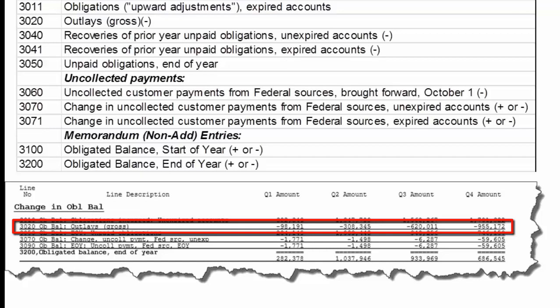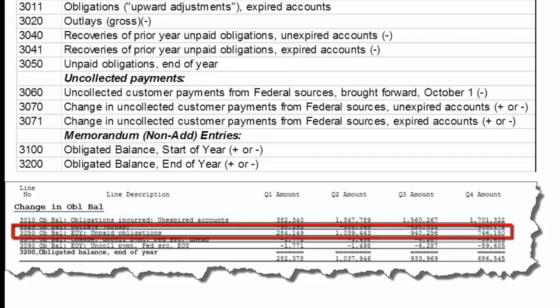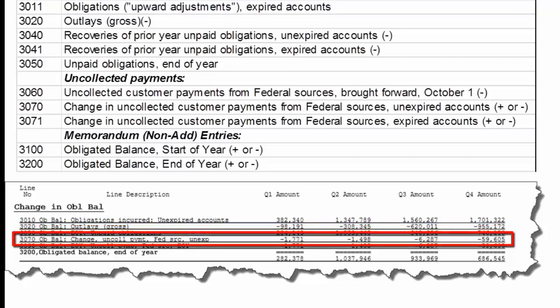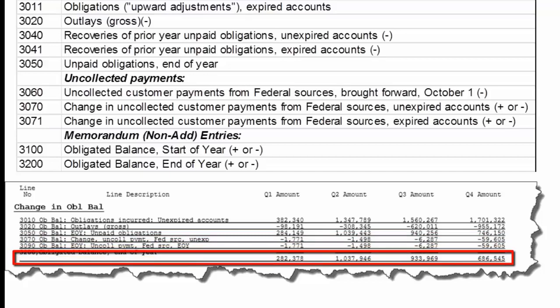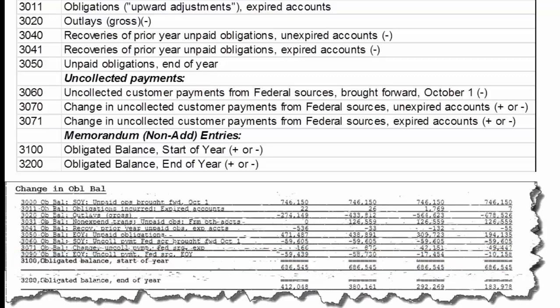This leaves unpaid obligations of $746.1 million. But $59.6 million in receivables still hadn't been collected. Taking this resource into account leaves an unpaid balance of $686.5 million. Let's take a look at the status of budgetary resources in year 2.